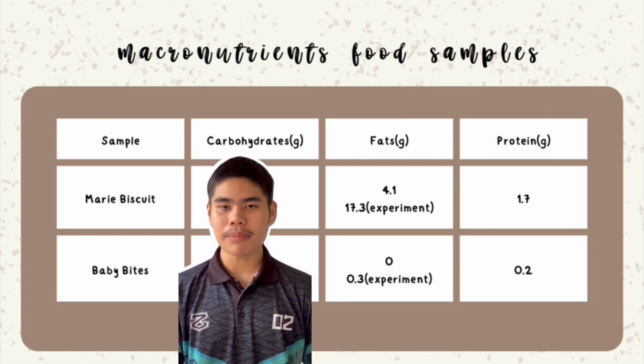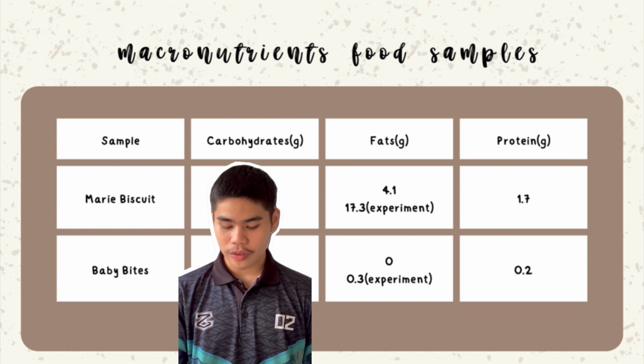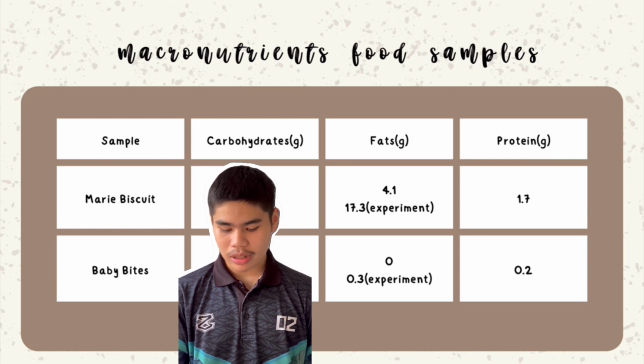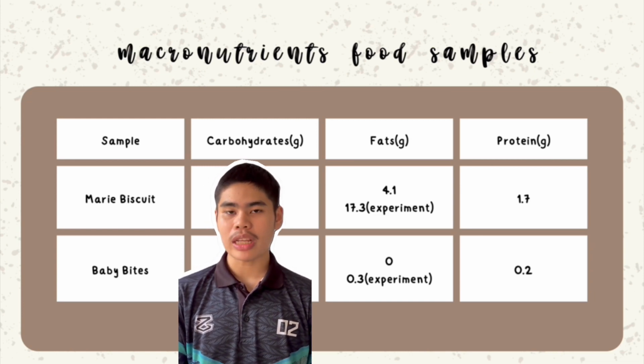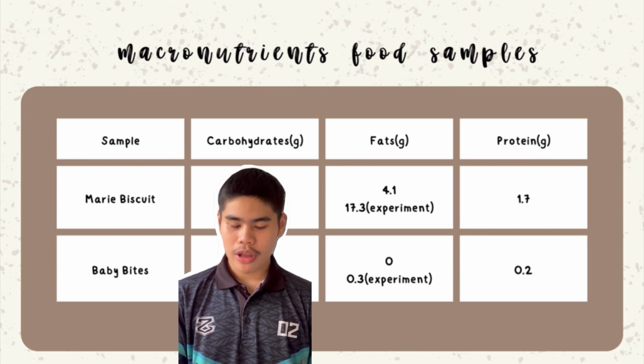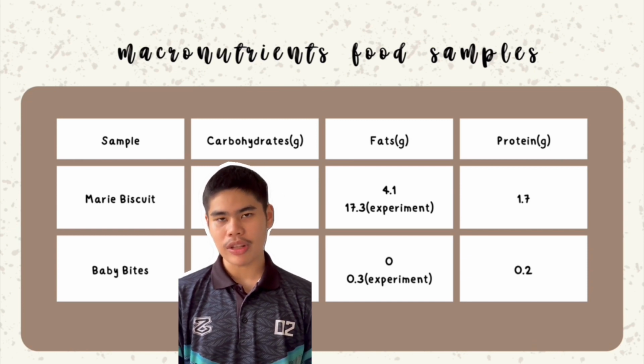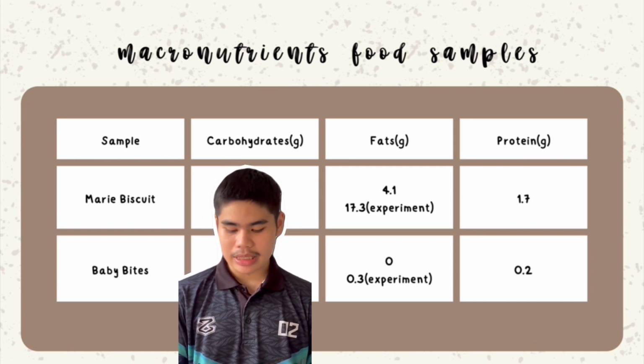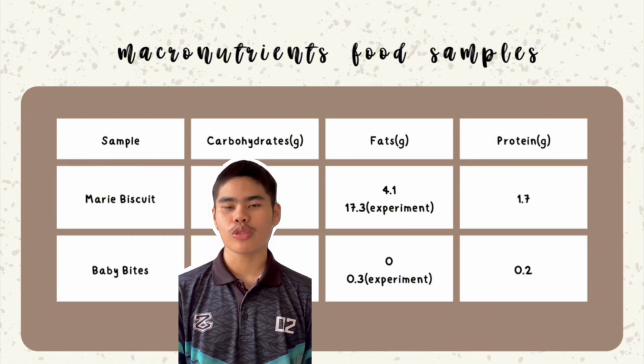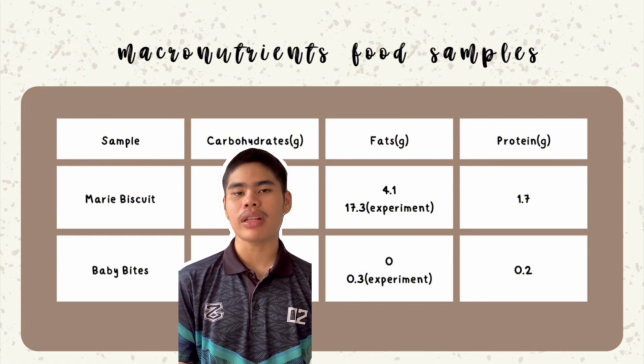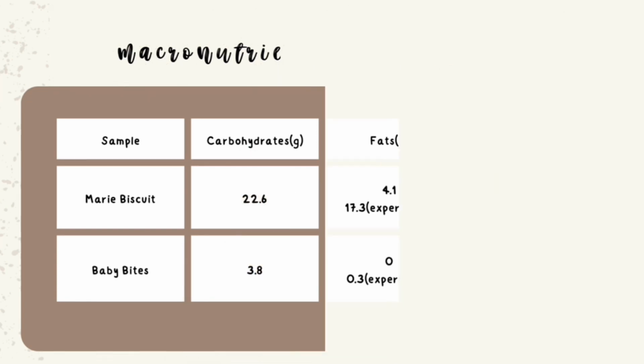For Baby Bites, 0 fat, and for the experiment we get 0.3. And lastly, protein for Mary Biscuit is 1.7, and for Baby Bites is 0.2. So this is all for me, and I will pass to the next presenter.